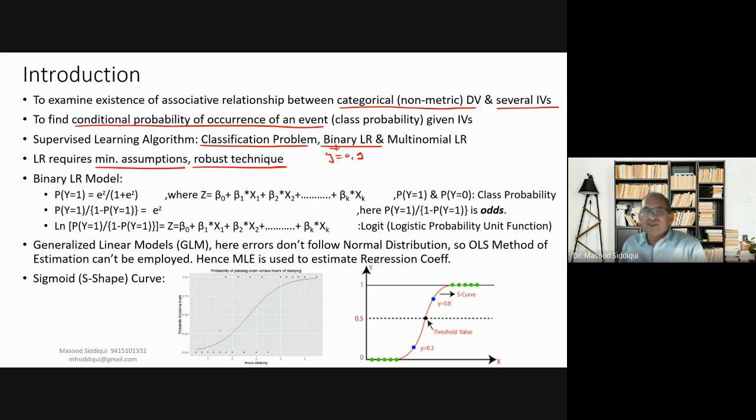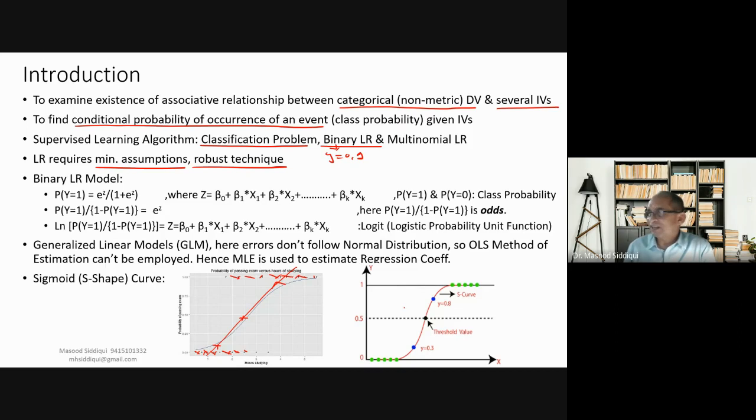Now, why is this known as logistic regression? Consider the value of Y. The value of Y can be either 0 or 1. These two values are possible. So if we draw a straight line, this straight line is not a good fit. Since a straight line is not a good fit, regression analysis cannot be done.